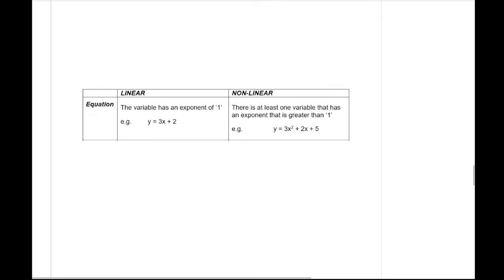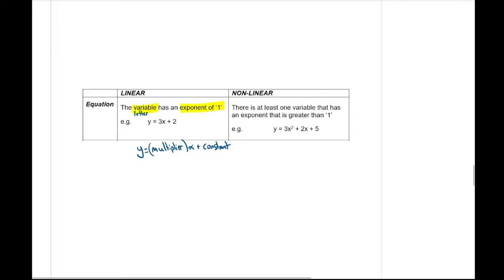When we're looking at a linear equation, the variable or the letter has an exponent of 1. So that means our pattern, or our rule, or our equation is going to follow what we've been looking at so far, which is y equals our multiplier times x plus a constant.